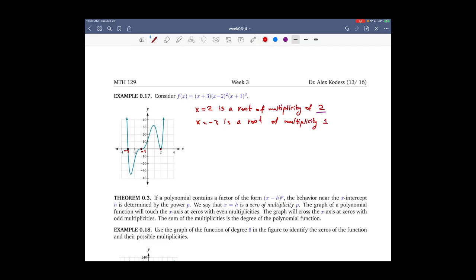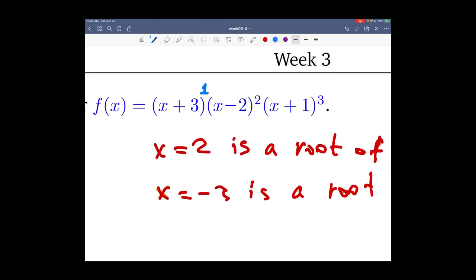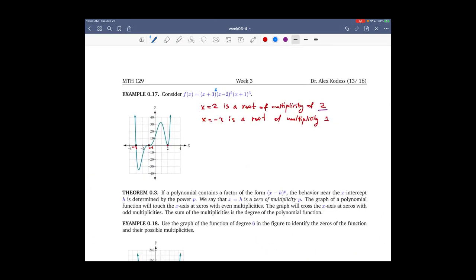That is because this factor x plus 3 is raised to the power 1. Likewise, -1 is a root of multiplicity 3.